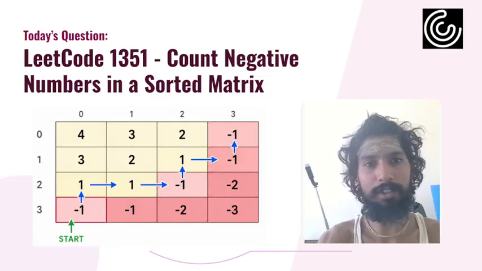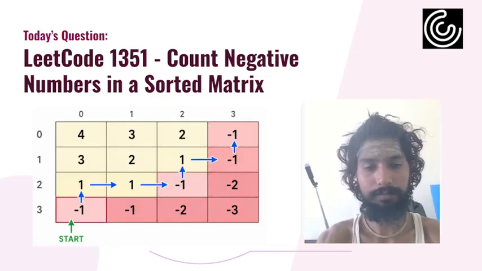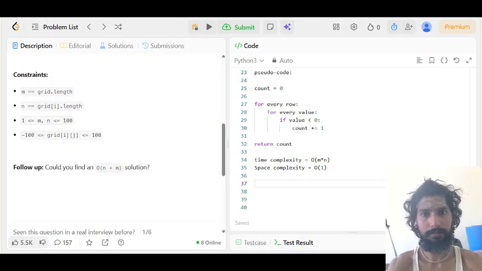Now let's write the algorithm clearly. First take m equal to number of rows and n equal to number of columns.